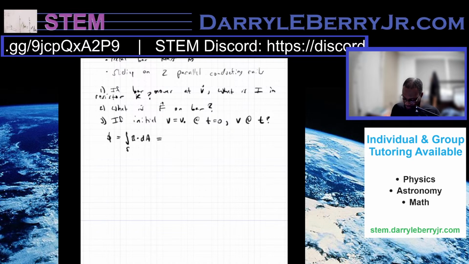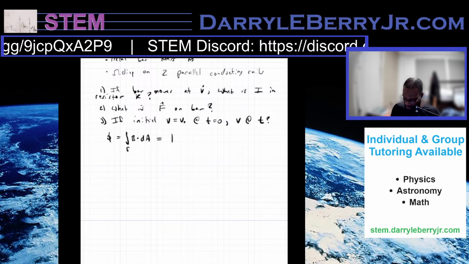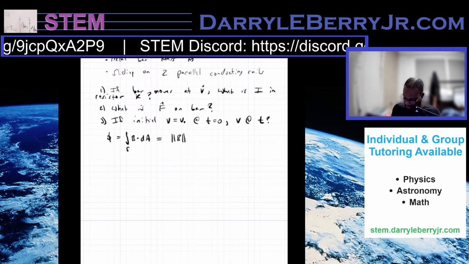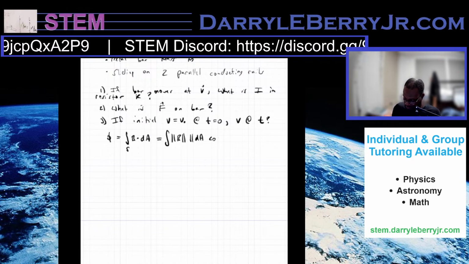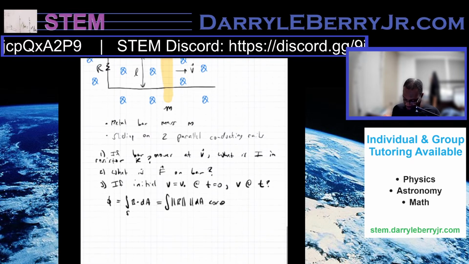So to add a few steps, this would be the magnitude of B, the magnitude of dA, cosine of theta.